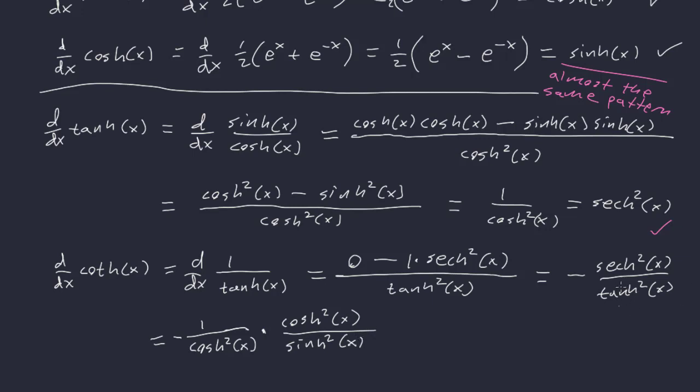So that's flipping this guy over, okay, and then rewriting this. So you see that the cosine h squareds cancel, and then we get negative 1 over sine h squared of x, which is actually negative cosecant h squared of x.